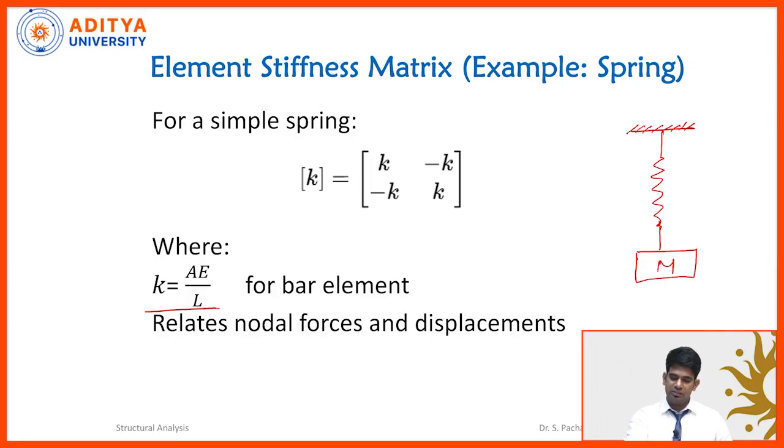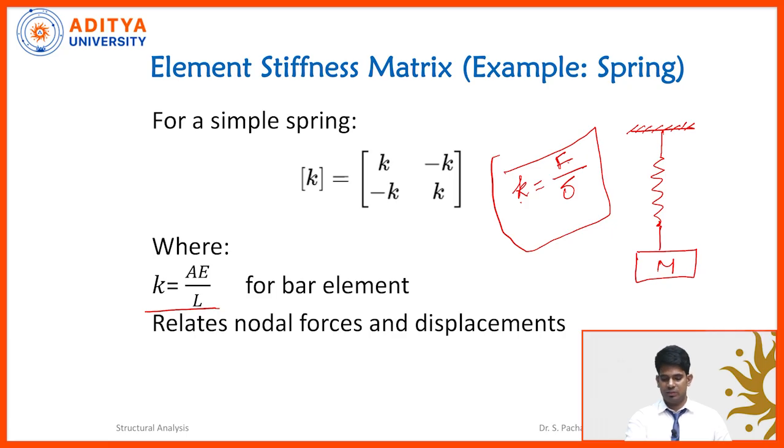The stiffness is equal to, we can say, the force required to produce unit deflection. So, the axial deformation for this is AE by L. So, from this, we get a relationship between the stiffness, force and displacement.